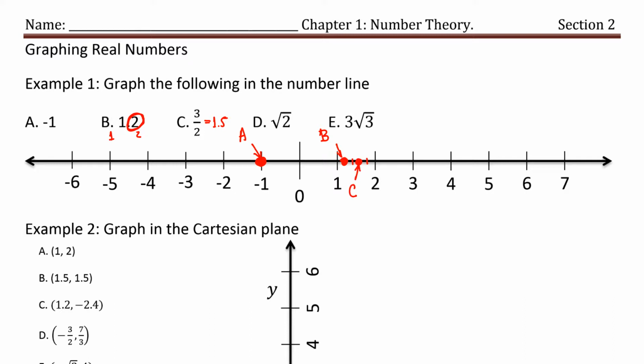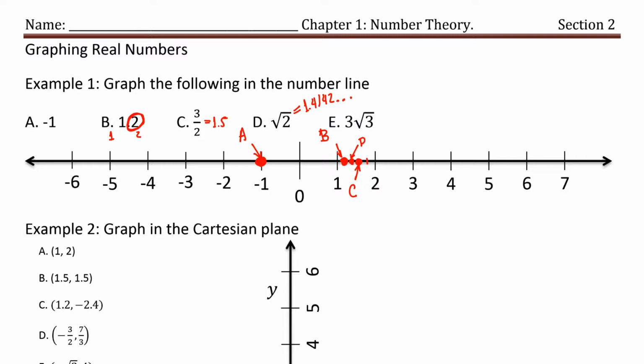And that's point C. Square root of 2 is going to be equal to around 1.4142, and it's an infinite number, so it can continue going on forever. But for right now, we're going to use 1.4 as our closest estimate, and it's going to be in between point B and C at 1.4, and that's going to be the square root of 2.